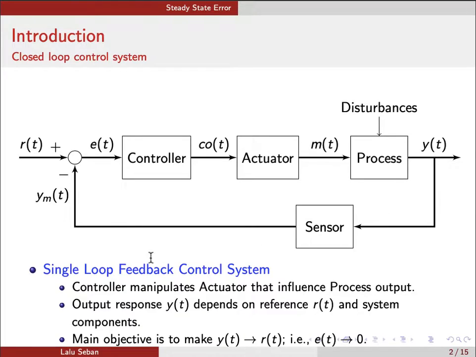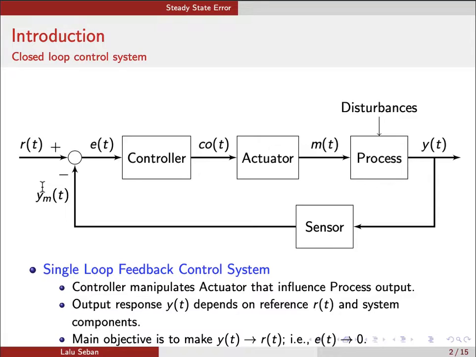Then the feedback or the measured value of the process output. There is a difference between the actual process output and the measured process output. The measured process output is represented by Y subscript M. Ideally, the measured value should be very close to the process output.